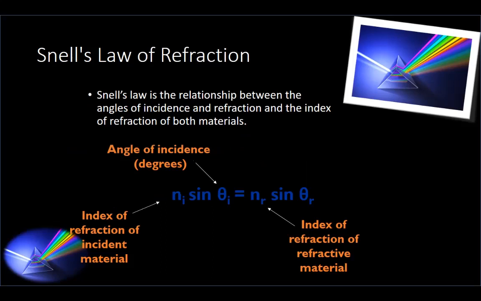This is the index of refraction for the refractive material. And then we have the angle of refraction, again in degrees, please do not do this in radians, for the second material. Again, that's with respect to the normal, which is perpendicular to the barrier.